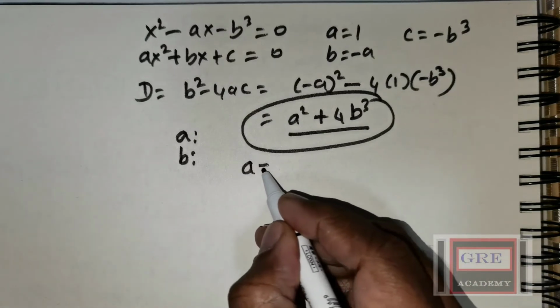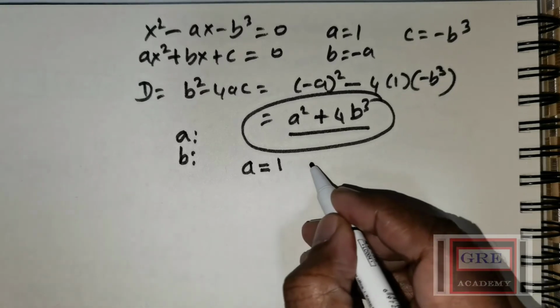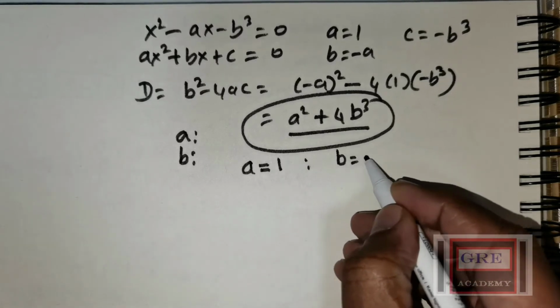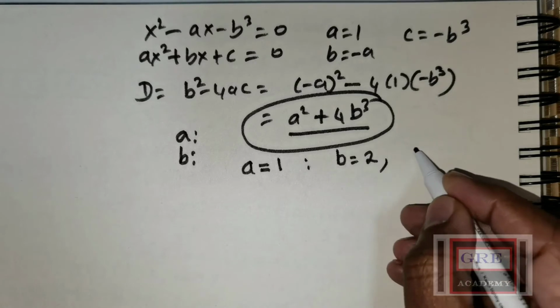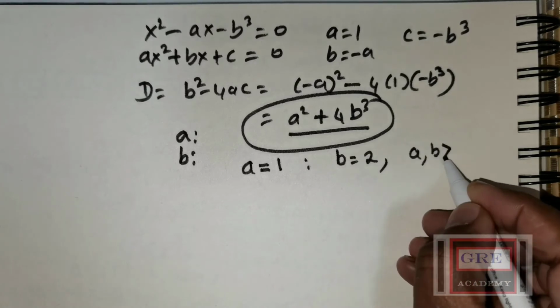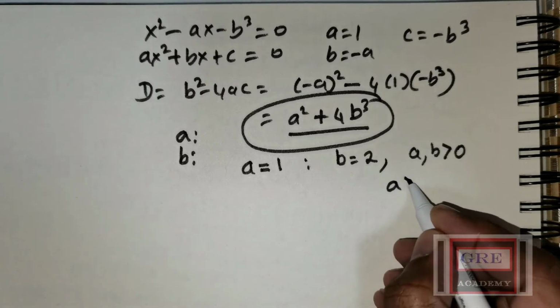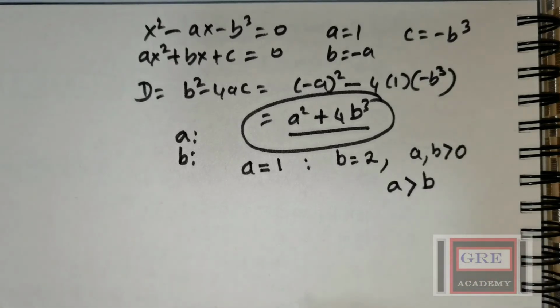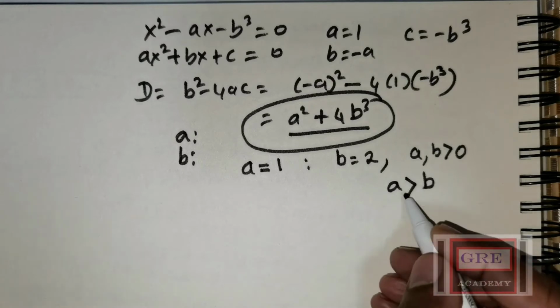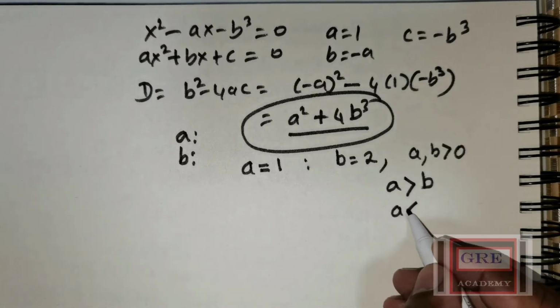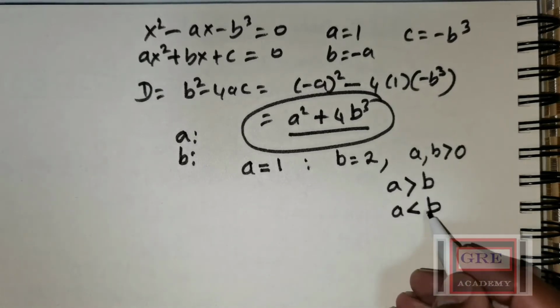Now let me just show you. Suppose I have a is 1 and b is 2. In other words, a and b are always strictly greater than 0, and a is always greater than b. Okay, if I have a condition like this, and a condition where a is always less than b.